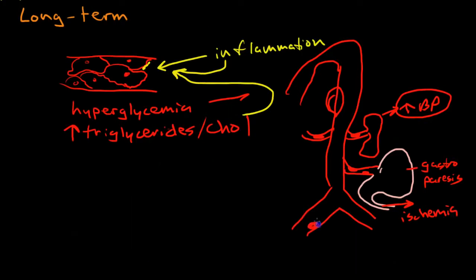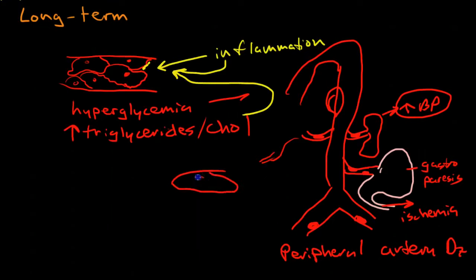It can clot off the femoral arteries, or the more distal peripheral arteries, and cause peripheral artery disease. And then it can also affect the little microvessels, like the vessels that are feeding the eye. So it can cause retinopathy.